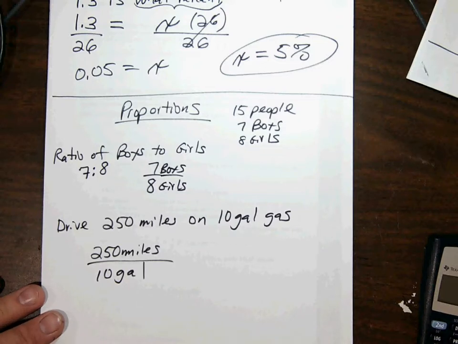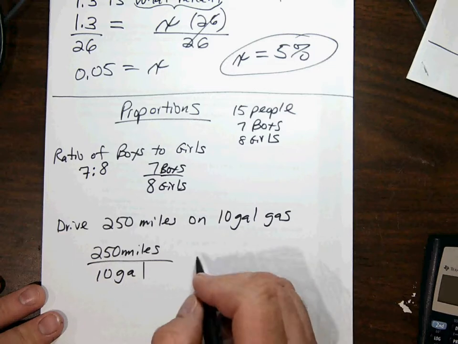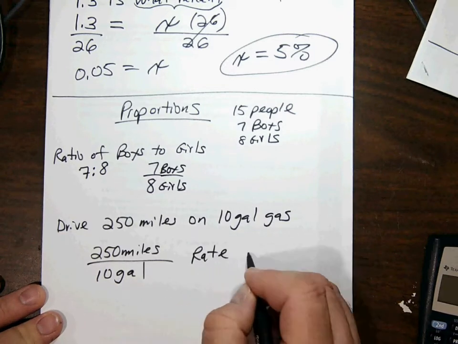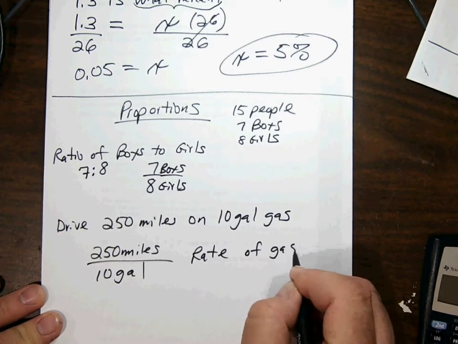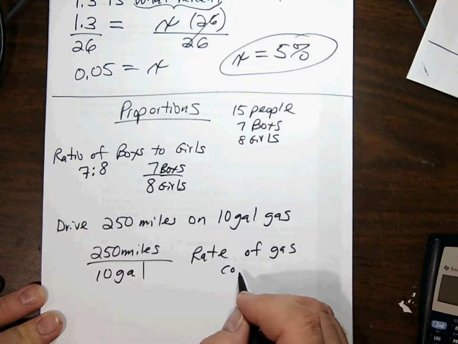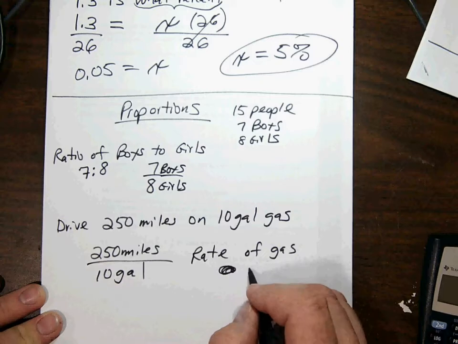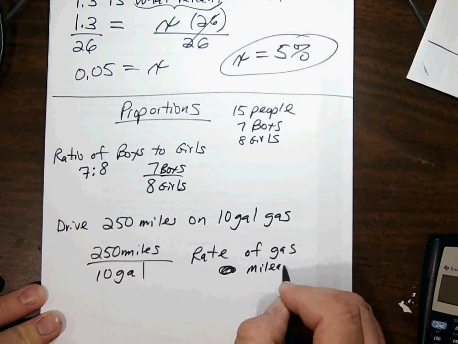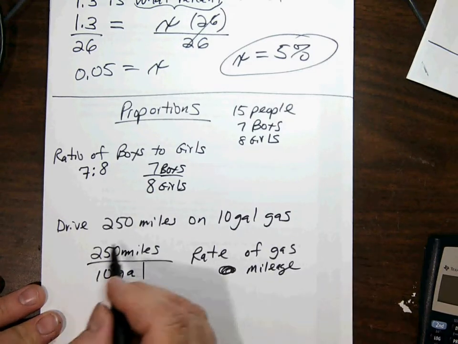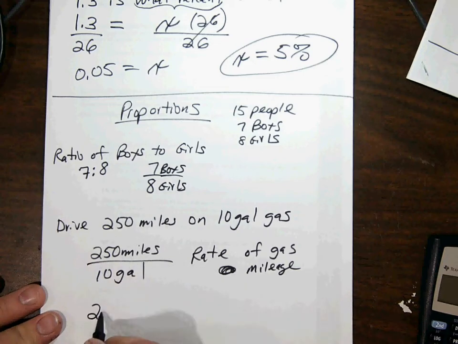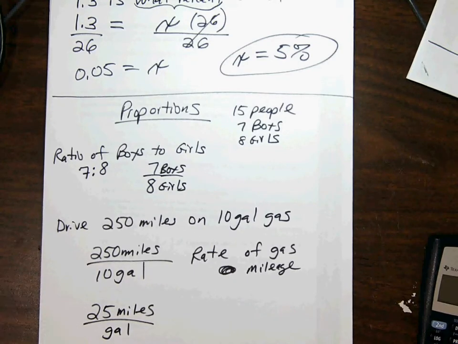I can simplify that fraction into what's called a unit rate. So this is a rate of consumption, rate of gas consumption, or let's call it mileage. I can do this division, and I can call that 25 miles per 1 gallon, or we just say 25 miles per gallon.